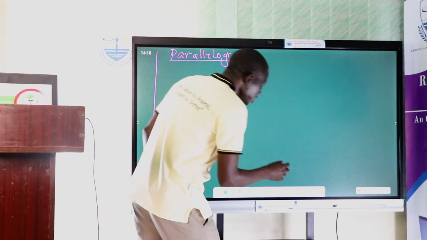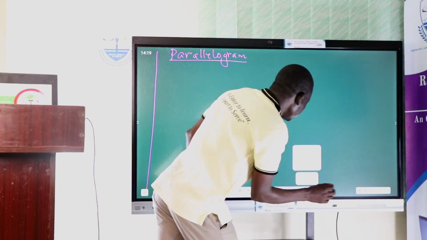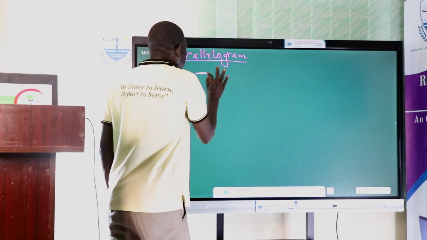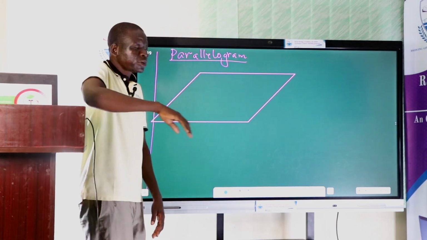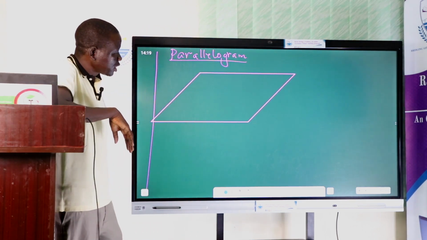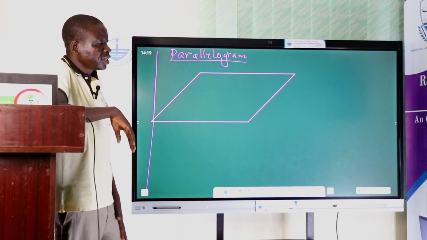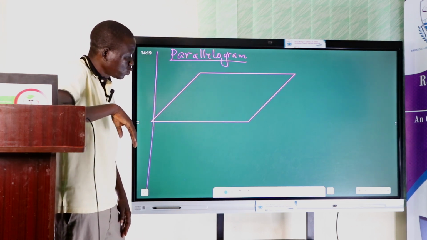This is the shape of a parallelogram. This is how it looks like. You can see that this side is opposite to this and they are equal. This one is opposite to this and they are equal.